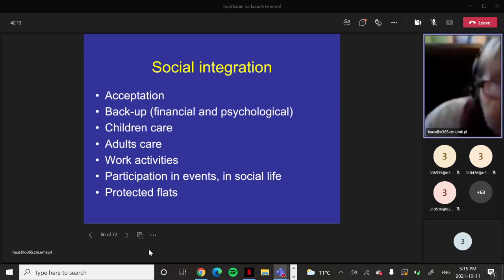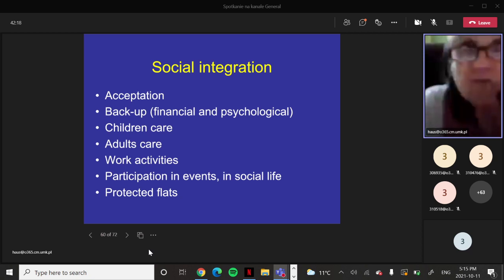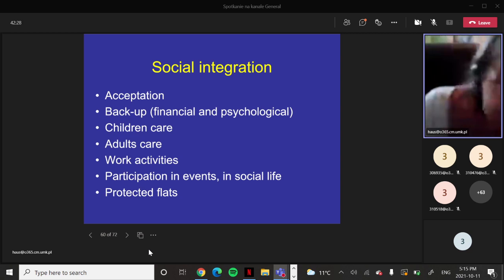What does it mean? Protected flats, which have some rooms for these people with genetic syndromes, and one or two caretakers.